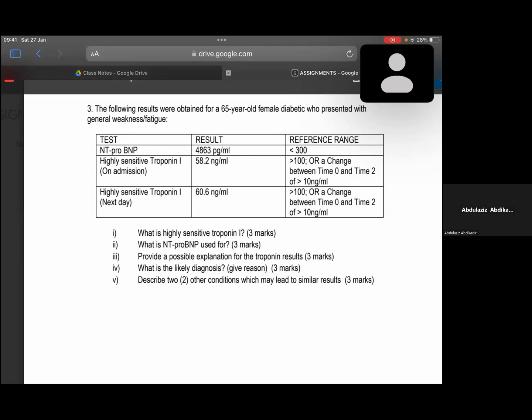Remember, this one is a diabetic. So the NT-proBNP is elevated. This question is also found in the slides, a similar one to it. The highly sensitive troponin I is 52. The highly sensitive troponin I on the next day is 60.6.